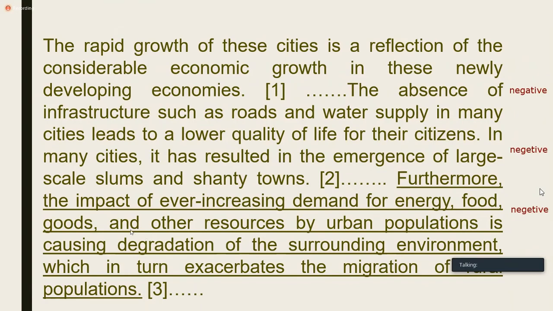And the first one is something positive. And the next paragraph is overall about positive impacts of urbanization. Which one is the best place to insert this sentence?